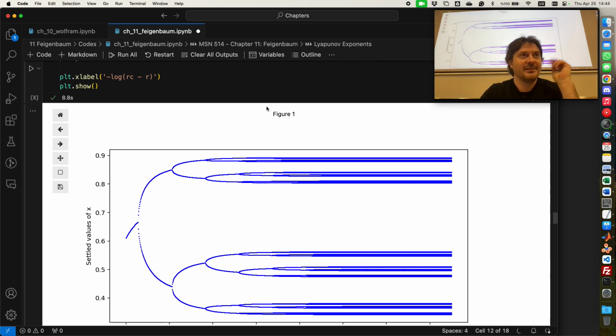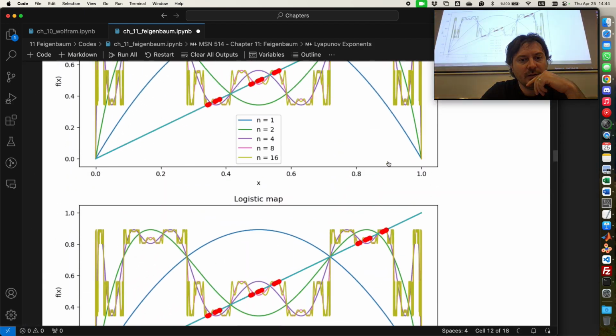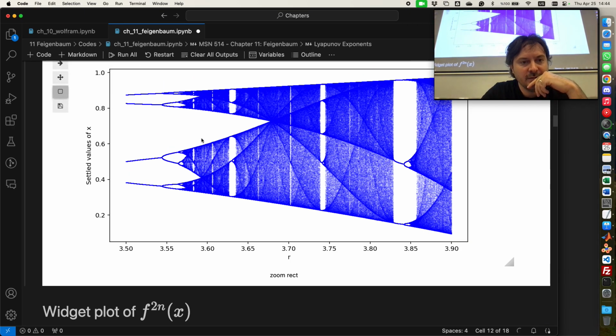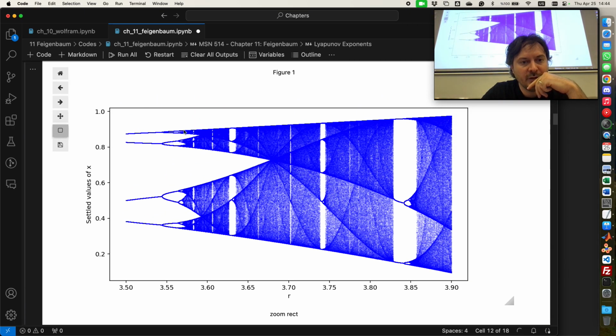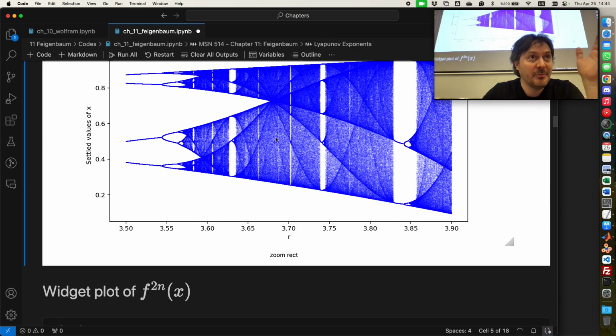Okay, here it is. Now, what is nice about this plot? You see, with this plot, we had to zoom in, and every time we zoomed in, we lost the quality of the plot, right? You remember that.